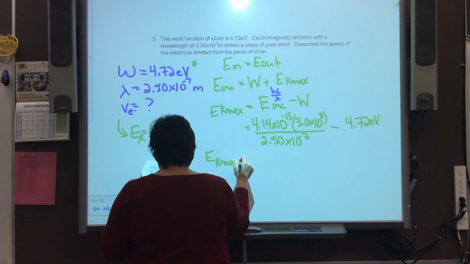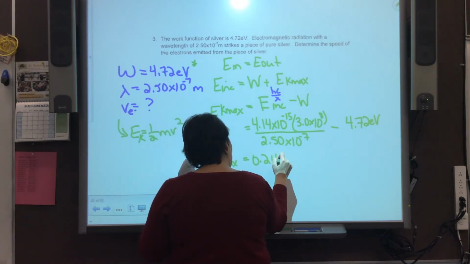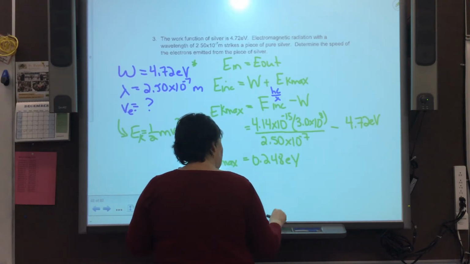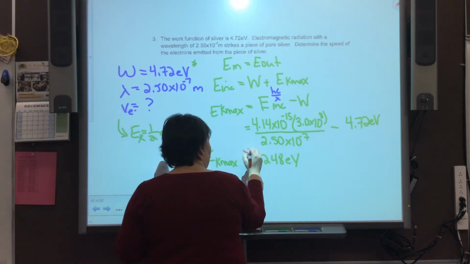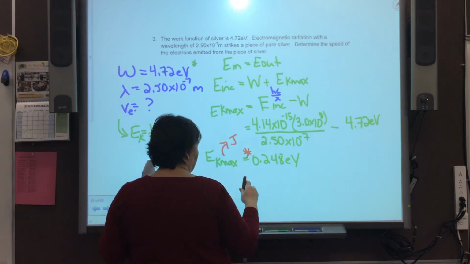EK max is then equal to 0.248 electron volts. However, EK max can only be in joules.